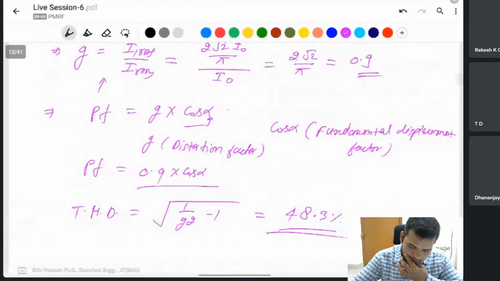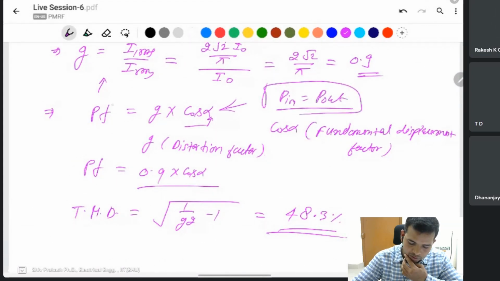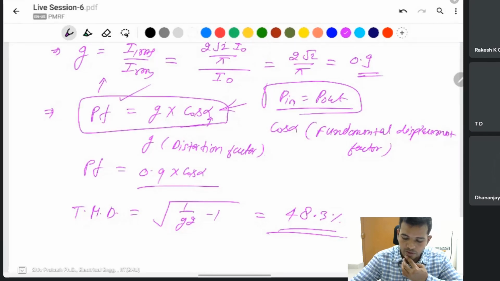You can find that P input is equal to P output. From this you can find the output, and how G into cos alpha comes. You can calculate from here. P input is equal to P output.